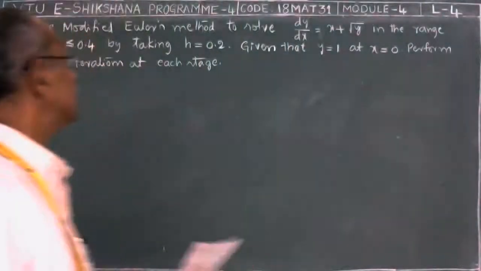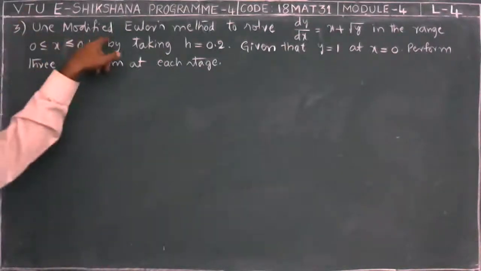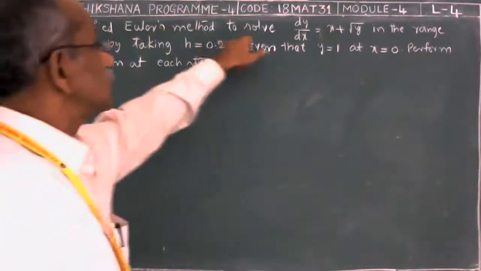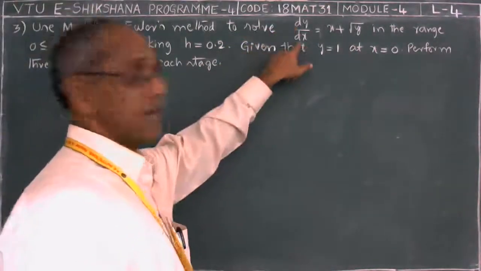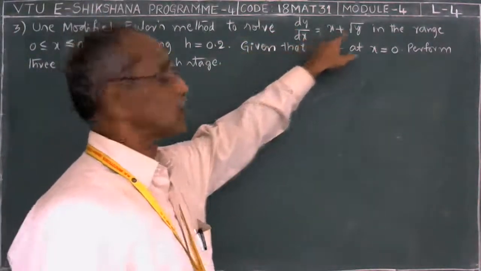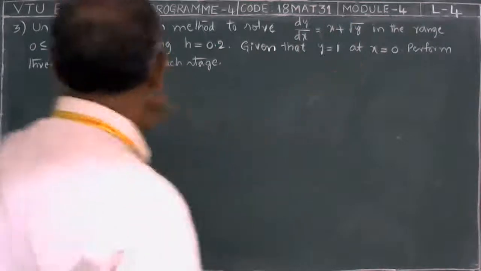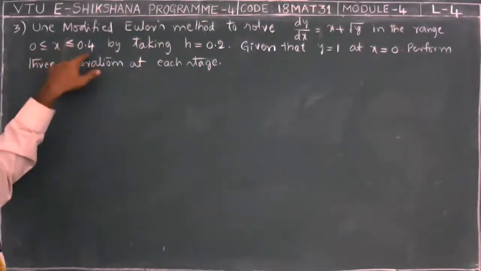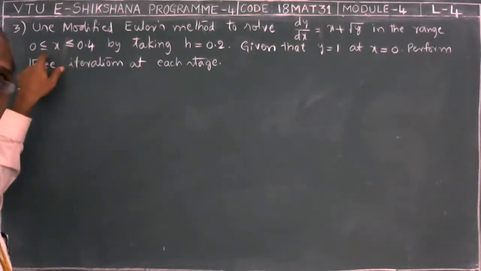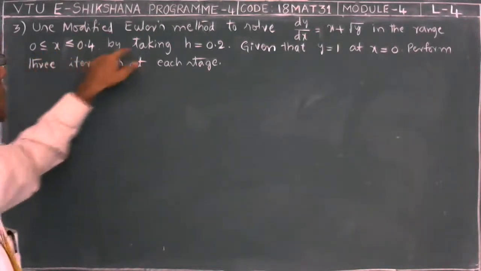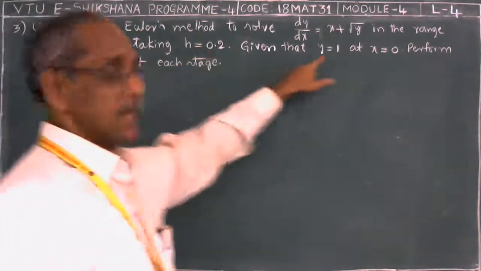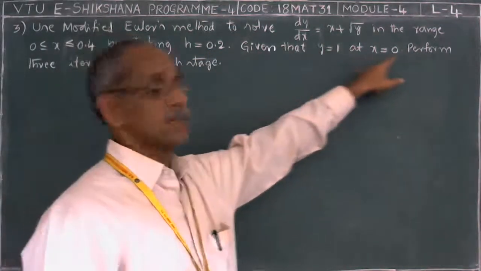The problem is: use modified Euler's method to solve dy by dx is equal to x plus root y in the range 0 to 0.4, that is 0 less than or equal to x less than or equal to 0.4, by taking h is equal to 0.2, given that y is 1 at x is equal to 0.